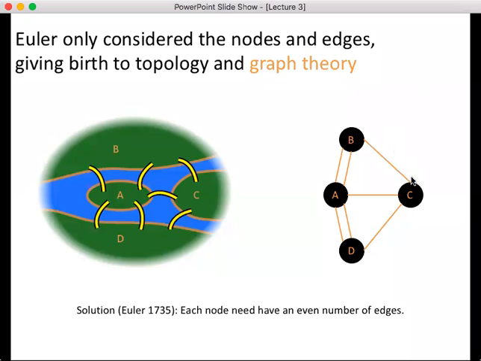The point is that since there are several nodes here with an odd number of edges, this is impossible. So Euler demonstrated it's impossible, and by demonstrating this, he ended a very nice pastime for people in Königsberg, but with that one stroke, he created 2 huge fields of mathematics, which I'm sure you have heard of. One is topology, and the other is graph theory.